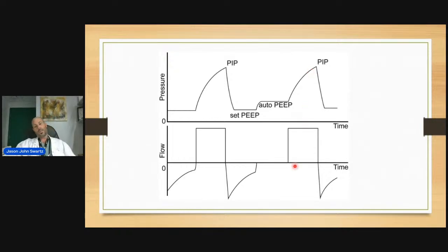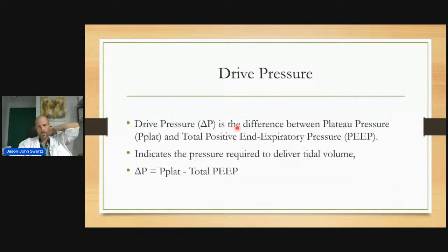What you're going to see on the vent is that on expiration, the flow does not reach zero, and then you'll receive the next breath. So when you're doing your patient assessment, look at the end expiratory flow. If you see this, then you likely have auto PEEP. You do the expiratory pause, you can calculate it, and you can make the adjustments we just spoke about to improve that.